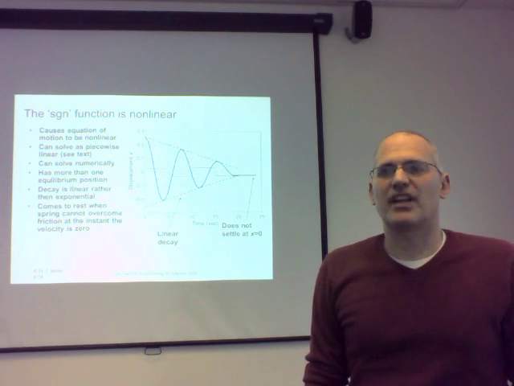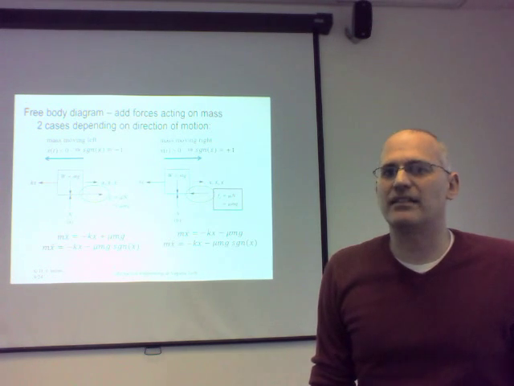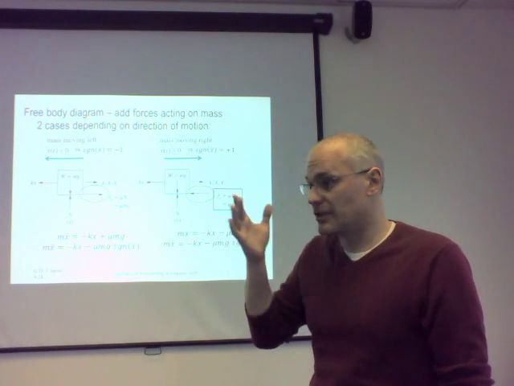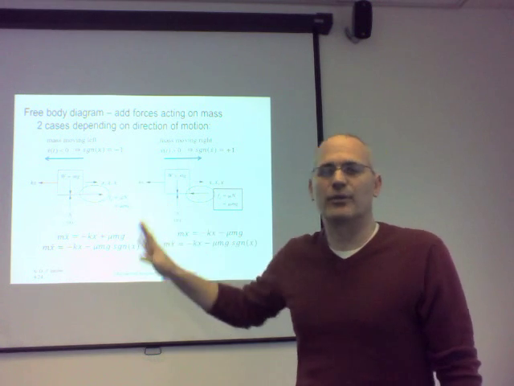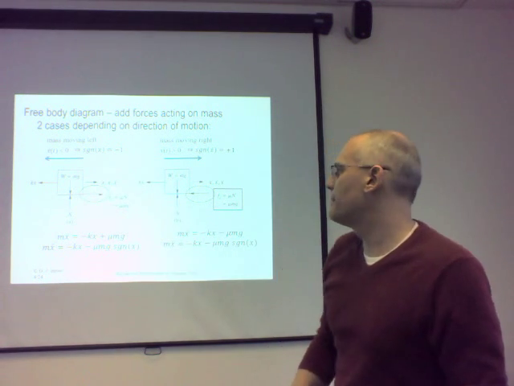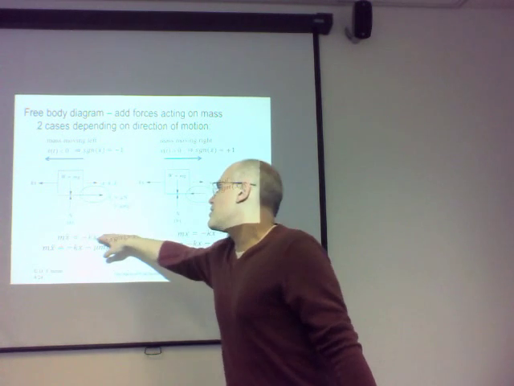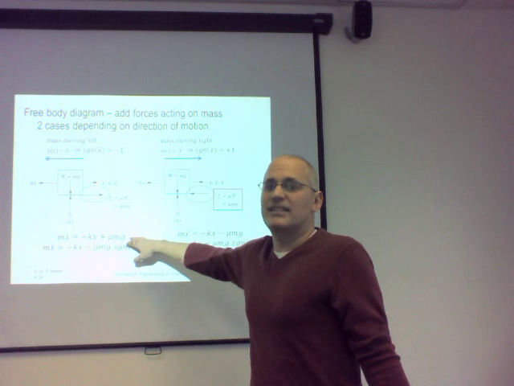One option is that we still can solve this piecewise. So if we go back to these equations, let's say our initial conditions are such that our velocity starts off negative. We start off on the left-hand side. This top equation is our equation of motion for all times in which the velocity is negative.